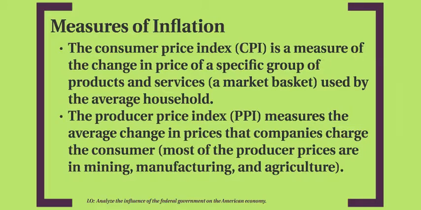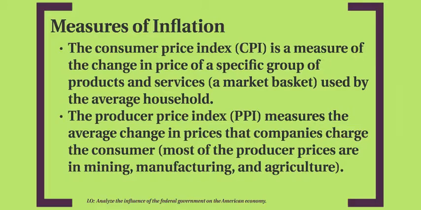Things like clothes, things like food, things like health care. These are basic products that people are going to buy. All those products would make up a market basket. And so if we look at an overall rise in prices in those over a period of time, that's how they calculate the CPI.